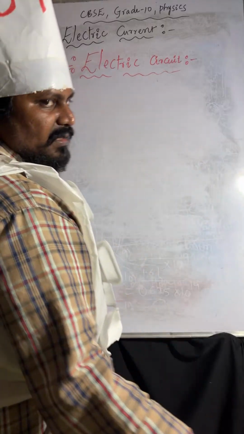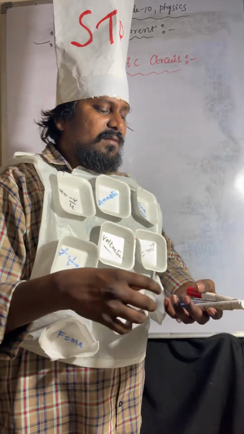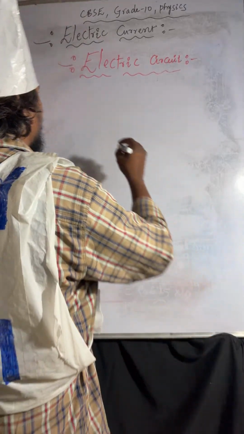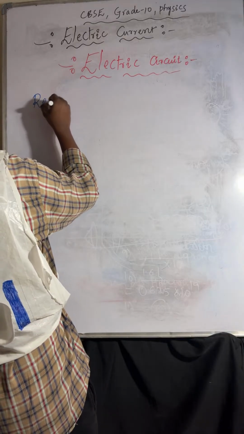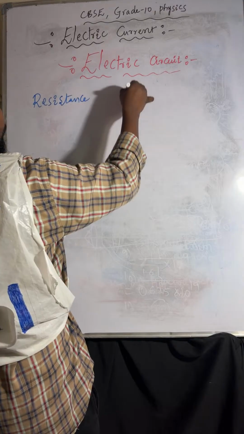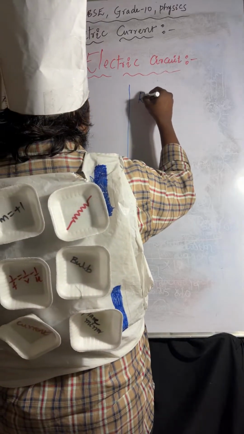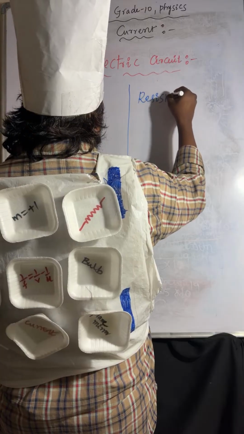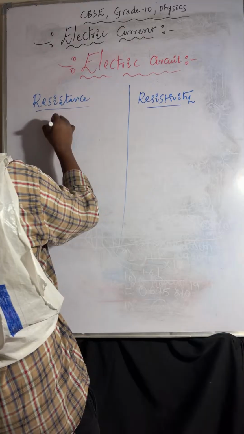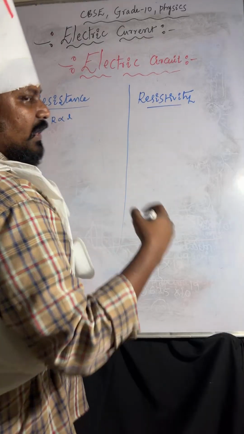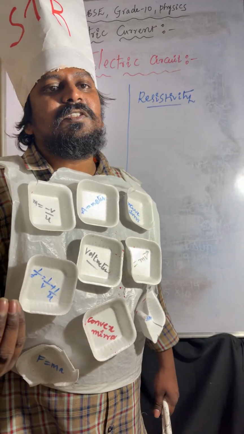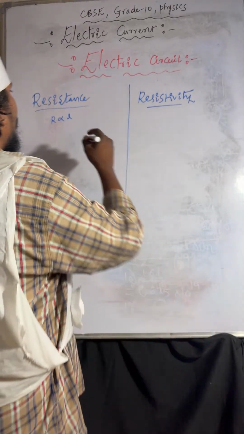Now, resistance and resistivity. We'll discuss resistance and resistivity. Here you can see resistance is directly proportional to the length of the conductor.